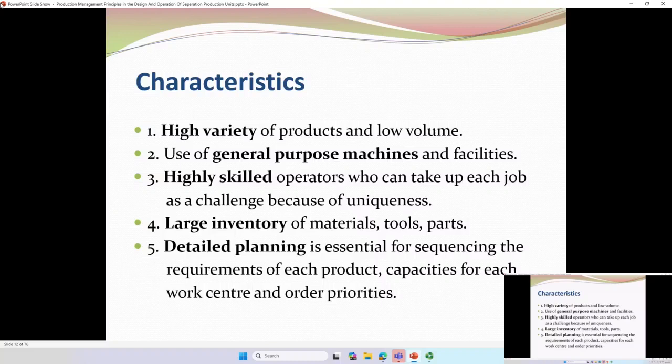Then, this one involves detailed planning, because each product has its own specialty. So it involves detailed planning. For some of you that are still learning, there's no time to learn here. It's a time to put into practice what you've garnered over a very long period of time.